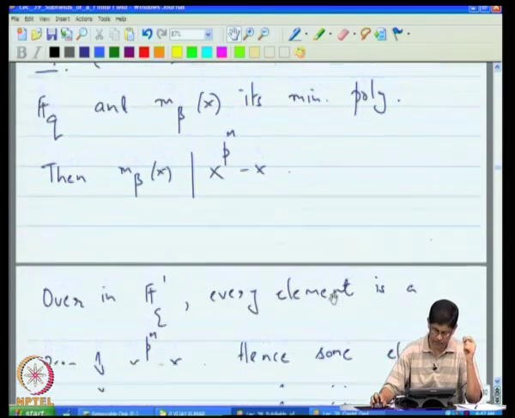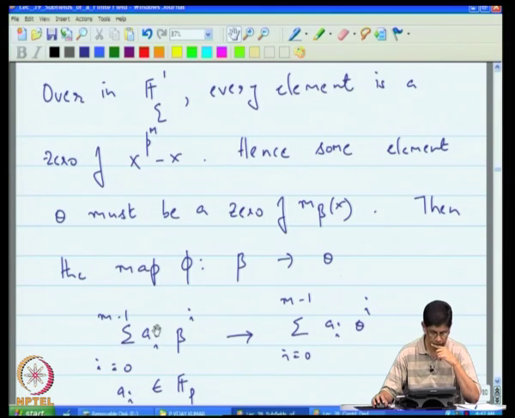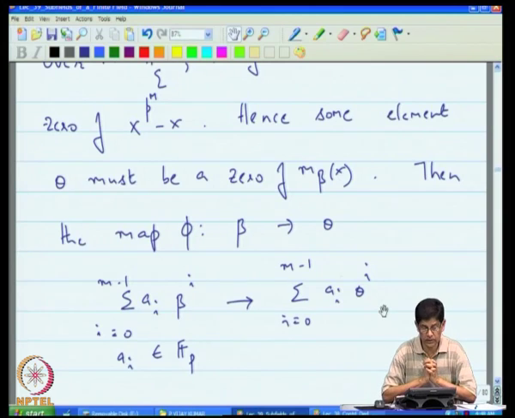Well, beta is the primitive element of the finite field, so every element must have an expression in terms of a polynomial like this. Now we consider the map between this element and the corresponding element here, the only difference being that you replace beta by theta. Remember, the tie between beta and theta is that they both share the same common minimal polynomial.